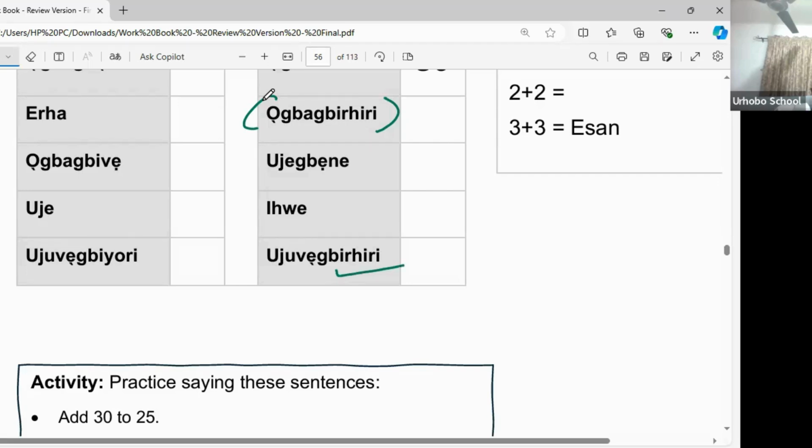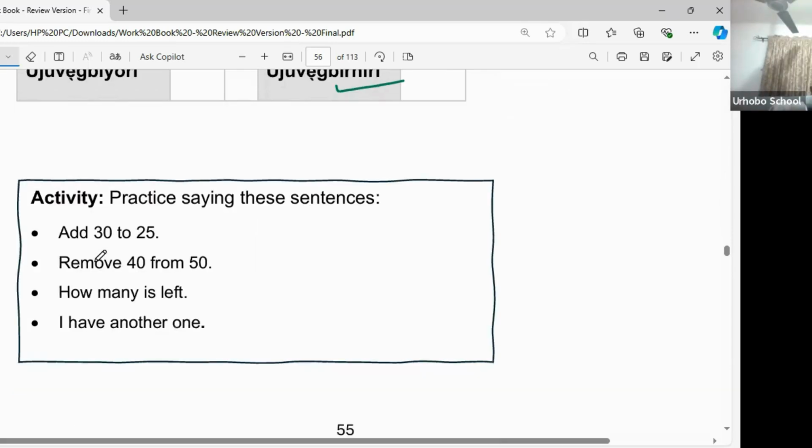You make use of it. So what of this number? 49. Ujube Biriri. Good.